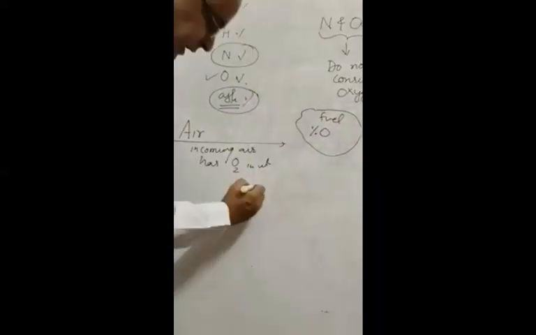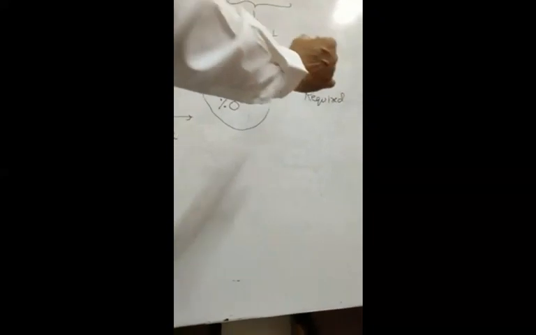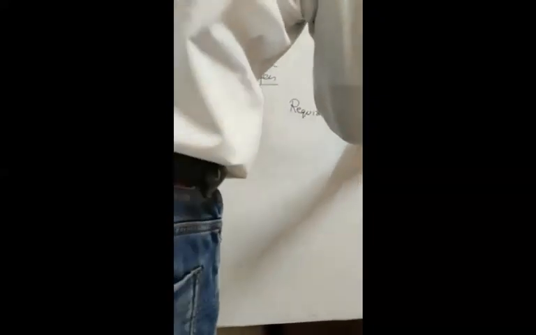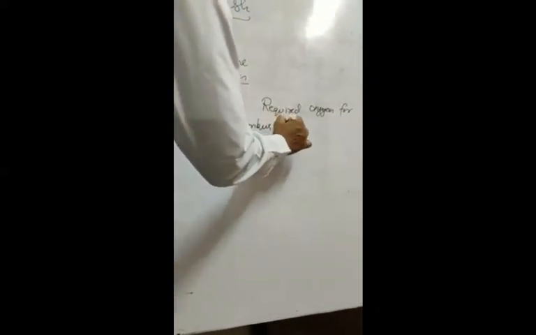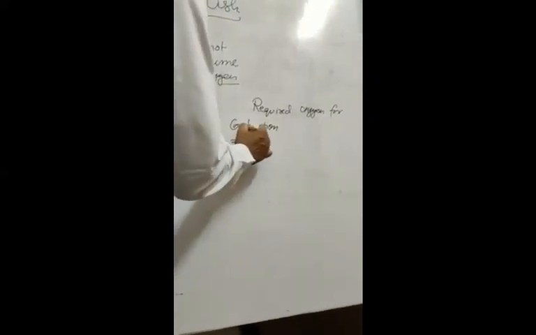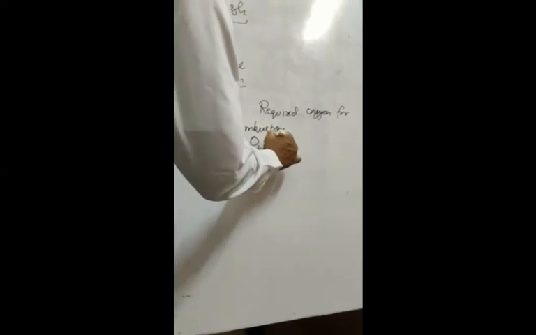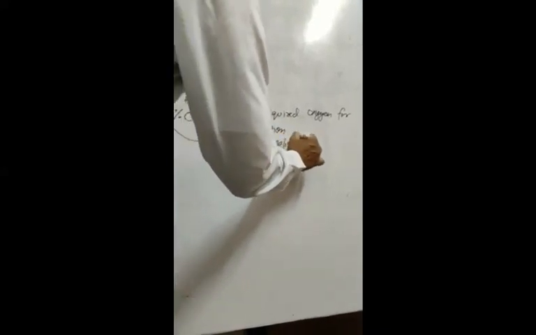So the required oxygen for combustion is equal to the oxygen supplied minus the oxygen available in the fuel itself.